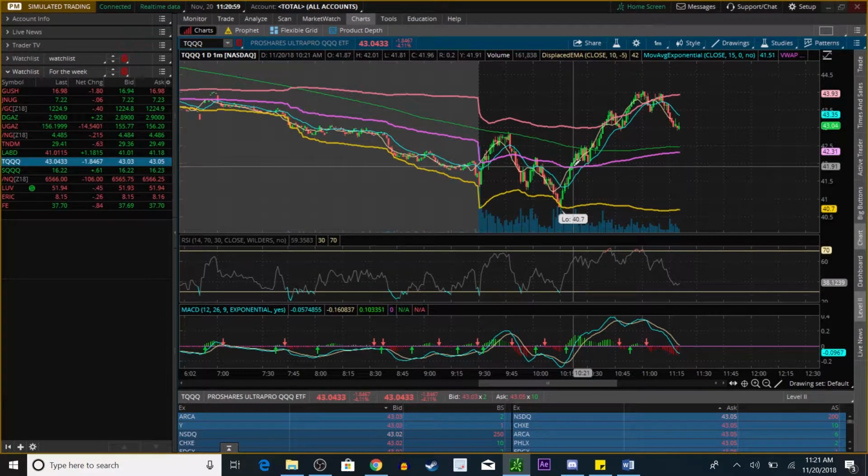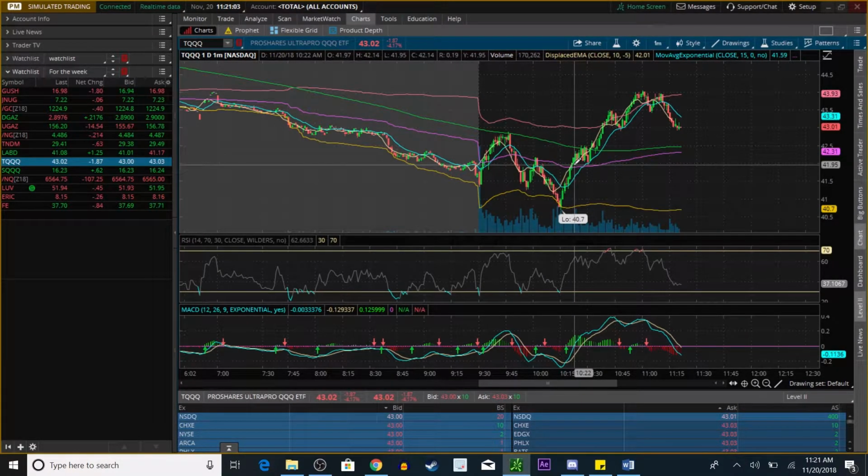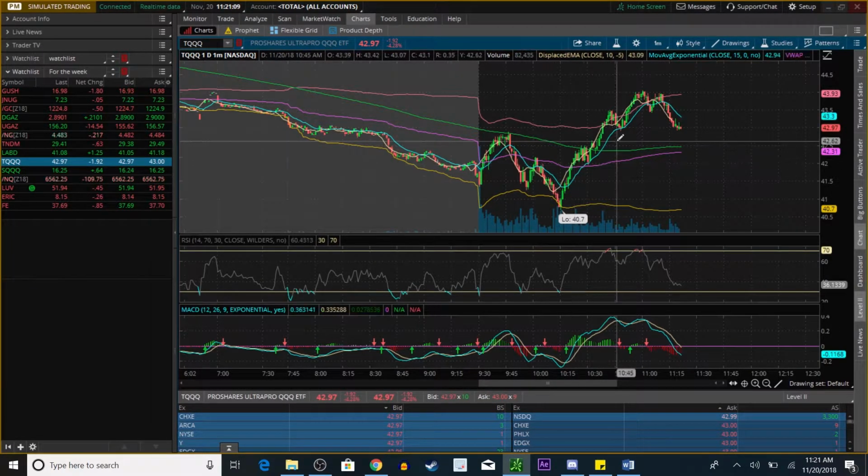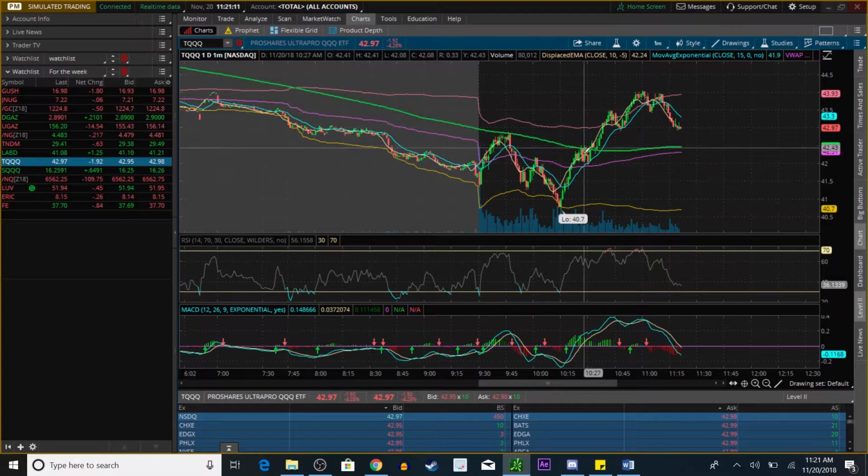And here it breaks the middle VWAP, and like I said, usually when it tends to break the middle VWAP, it's showing signs that the stock will continue to uptrend, and it did. And not only did it do that, it pulled back.